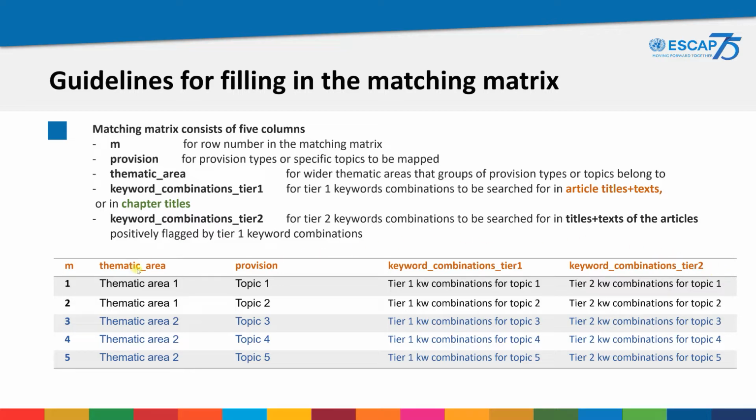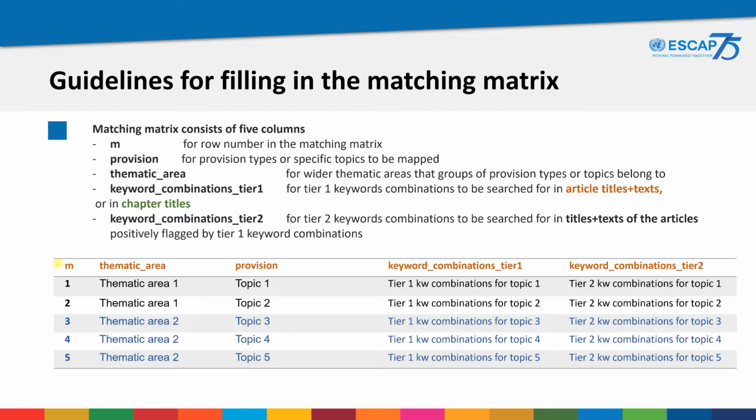And in the column over here, if you would like, you can provide labels for broader thematic areas which encompass a few narrow topics or provision types that you plan to map. And as before, this first column contains unique row ID numbers for each of the rows that you fill.